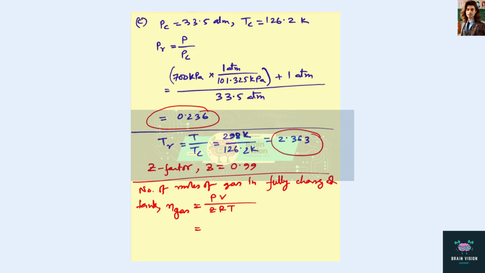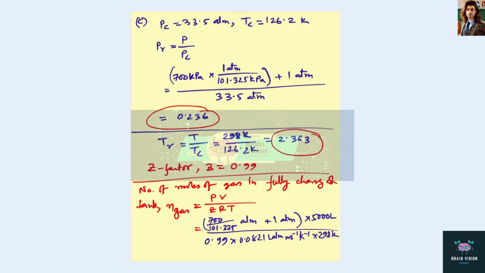Pressure is, again let's convert it to atmospheric pressure, 700 kilopascal. 700 divided by 101.325 atmospheric pressure plus 1 atmospheric pressure multiplied by 5000 liter divided by Z factor 0.99.